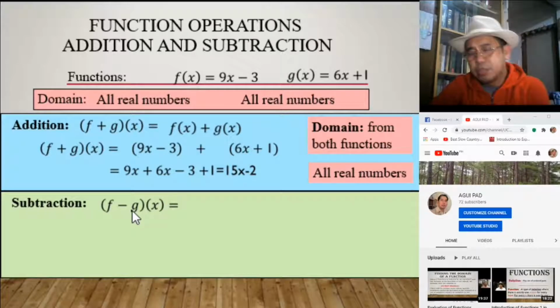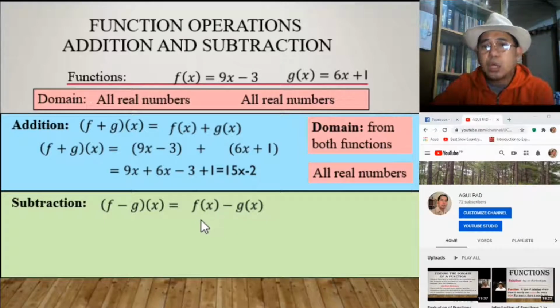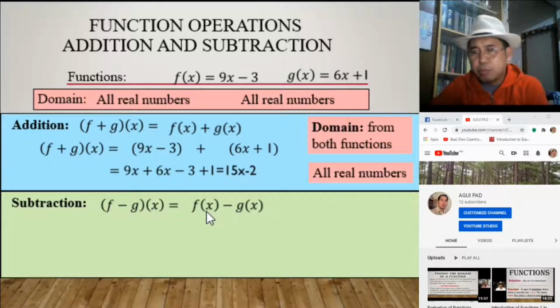Now, what would be the result? The result would be f of x minus g of x. This notation in here will be your guide to subtract. So you try to consider the definition of f of x as your main one.